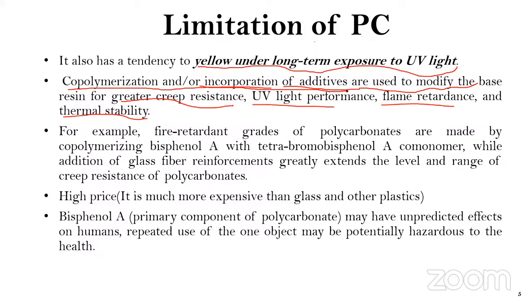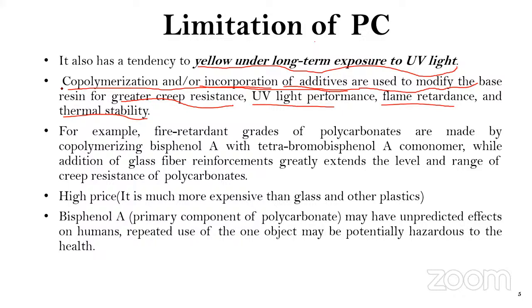Is that clear? I repeat that every polymer has certain advantages and disadvantages. But to apply that polymer to our own application, we change it according to our own needs. So how can we do that?